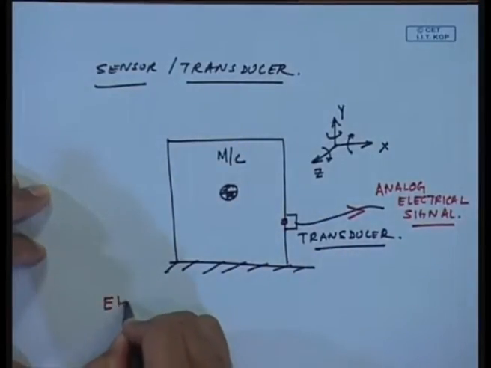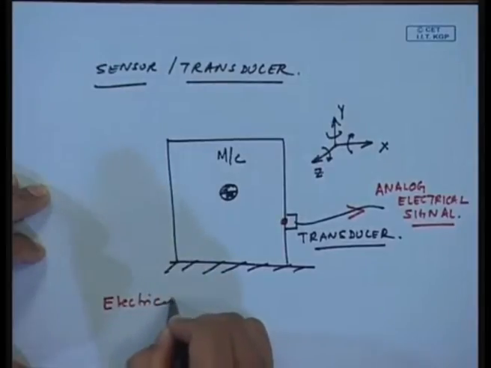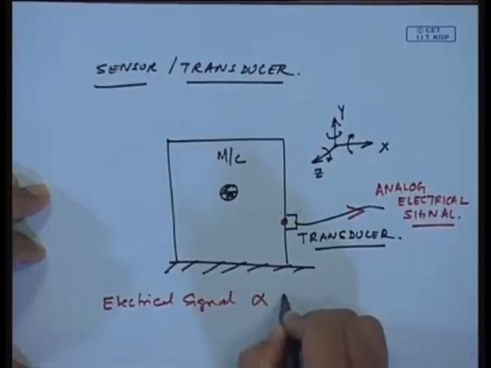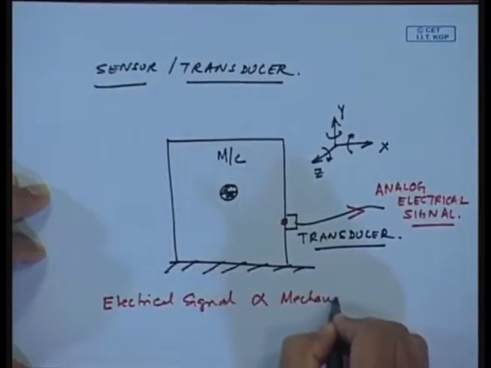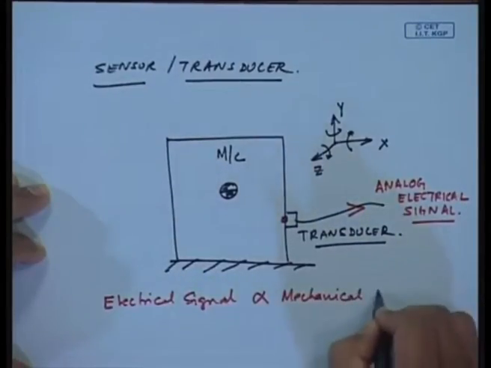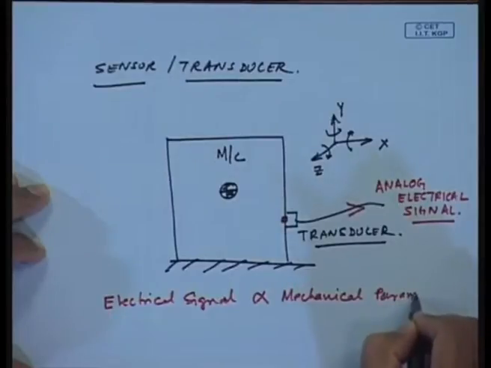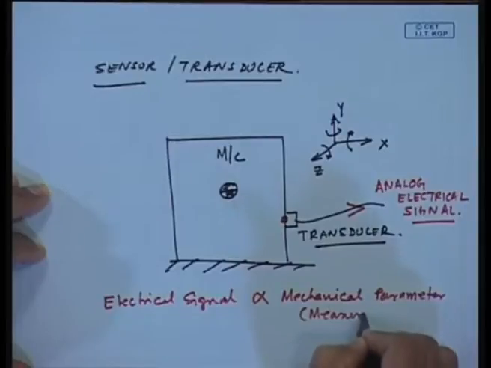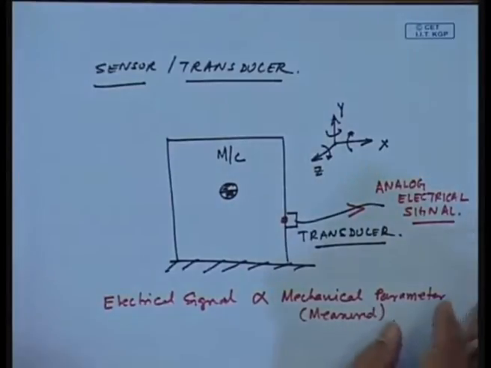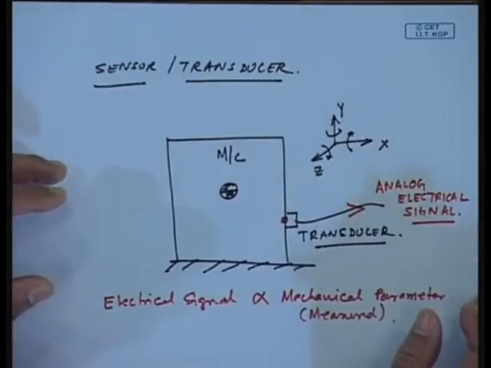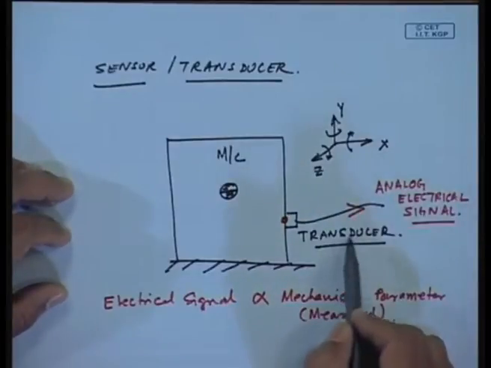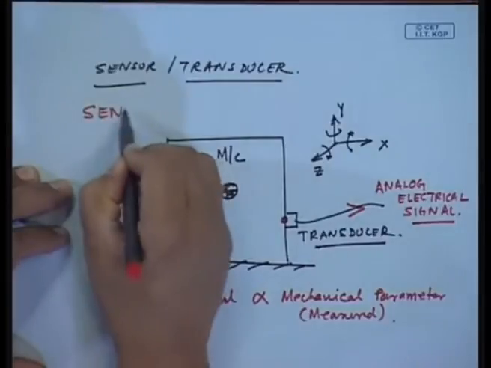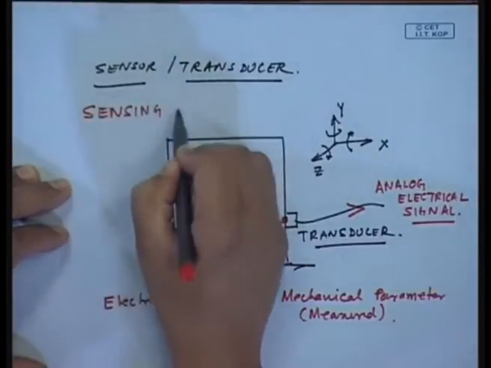So, this electrical signal obtained is proportional to the mechanical parameter which has been measured. And you all know there is an endless list of mechanical parameters and an endless list of sensing elements. Rather than sensors, the sensing element is very, very important.